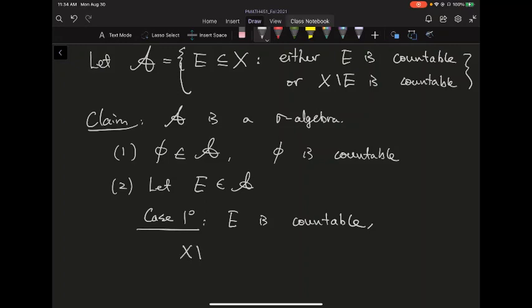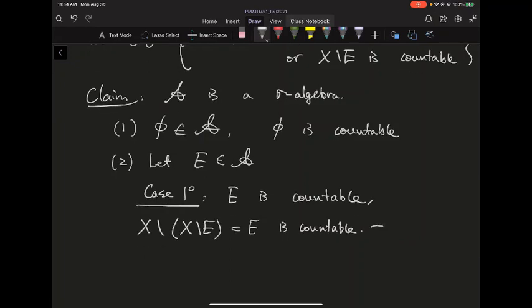But if you take the complement of X take away E, you get E back, which is countable. So by definition X take away E is a co-countable set because it has countable complement.